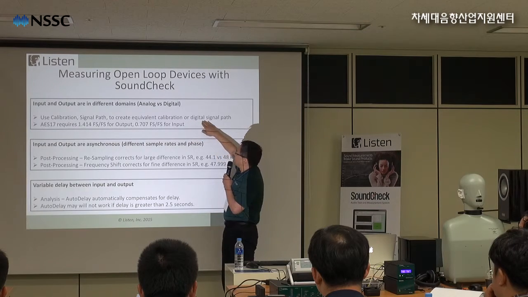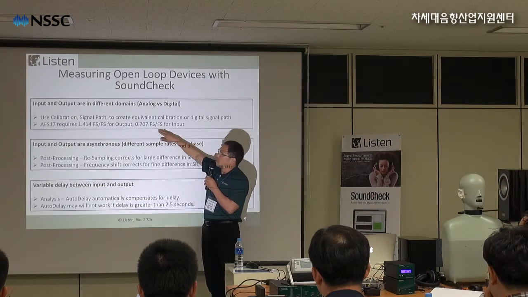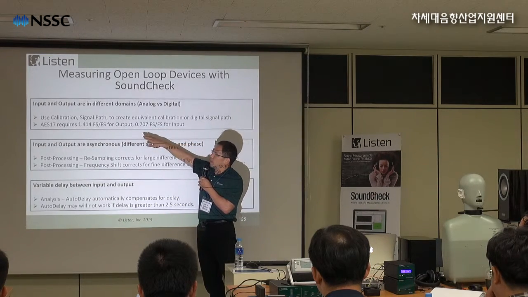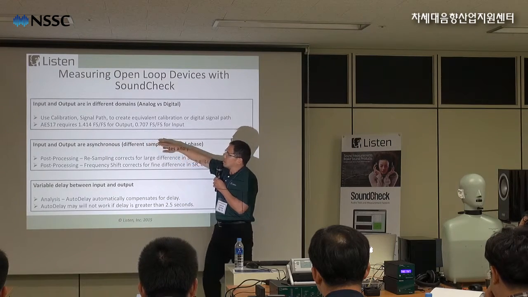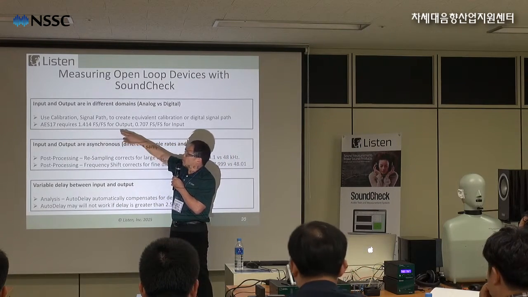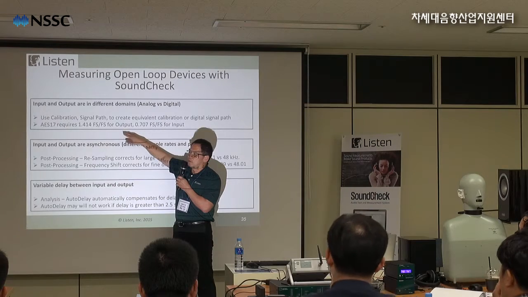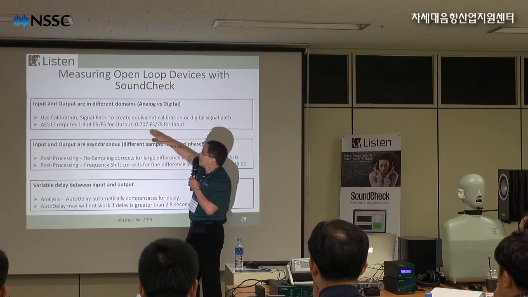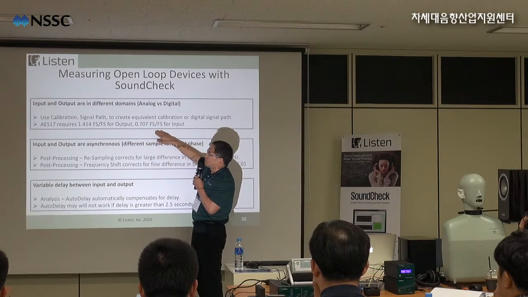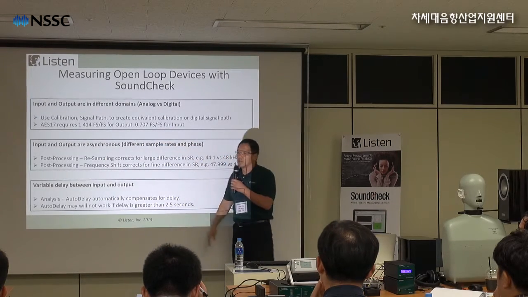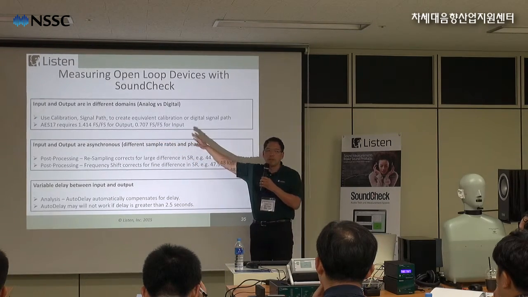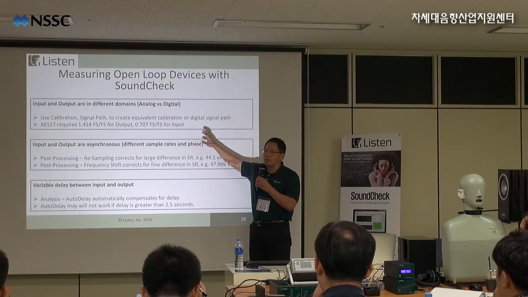For example, if it's digital, in SoundCheck, based on the AES17 standard, it's 1.414 full scale per full scale for output, 0.707 full scale per full scale for input. So this is just an example of the calibration that needs to be set up inside SoundCheck.